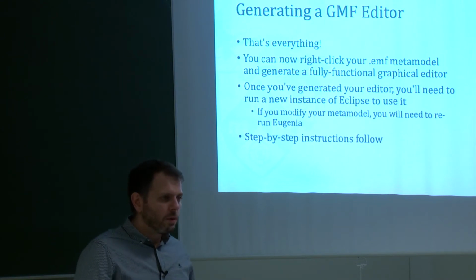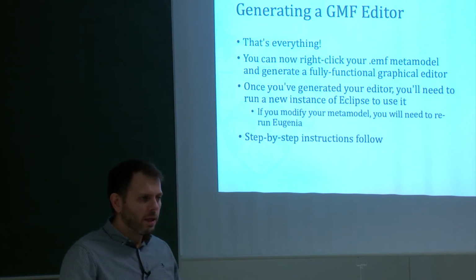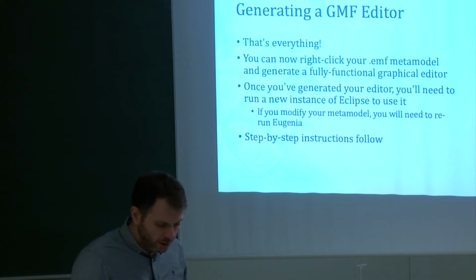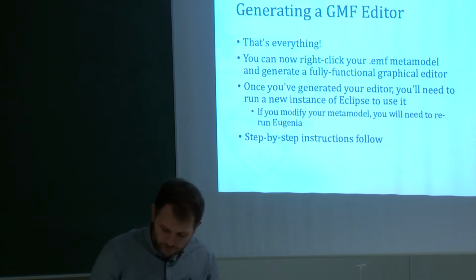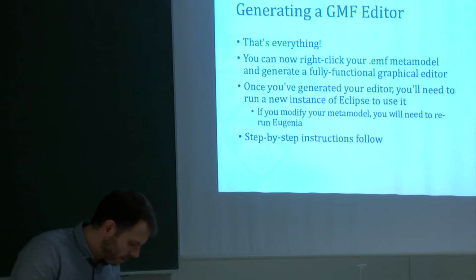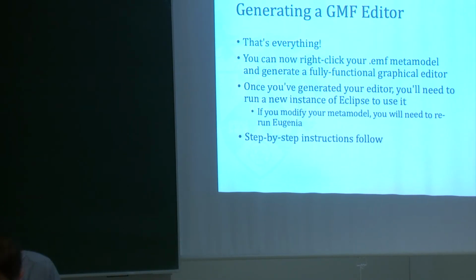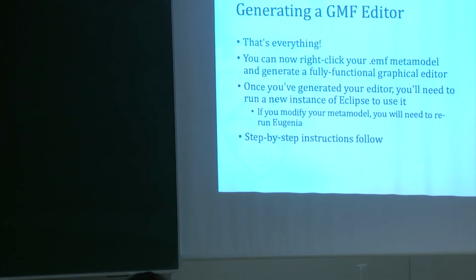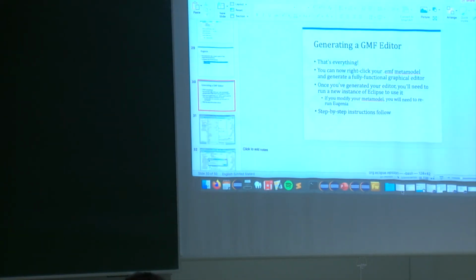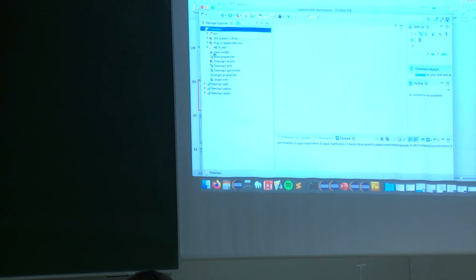That's all the information we need to provide to our meta model. Then we can generate an editor. And here is, I think, where I switch to a live demo. Okay, so let's go back to our meta model from yesterday.